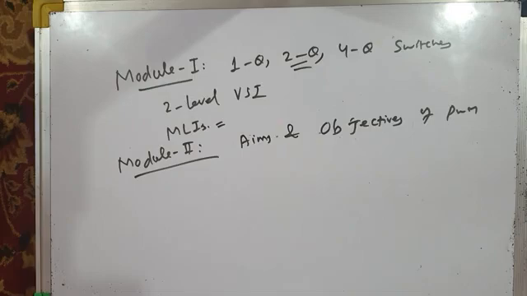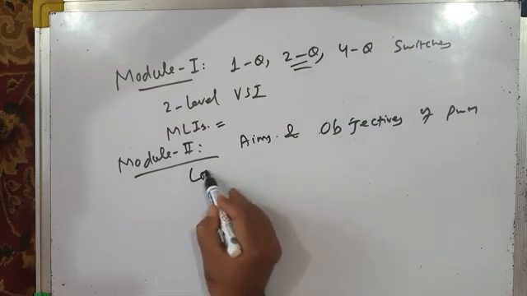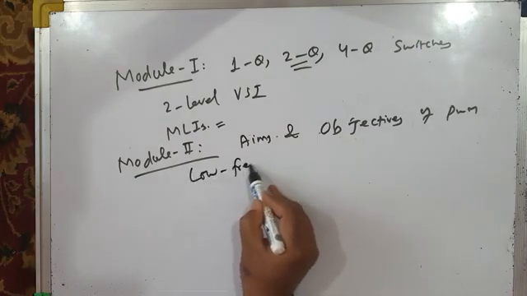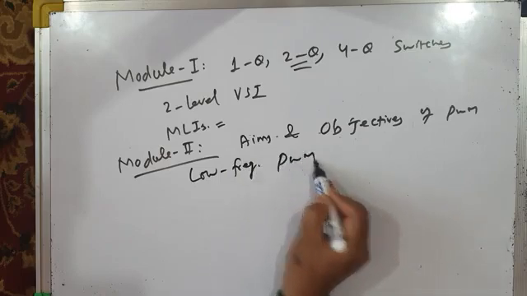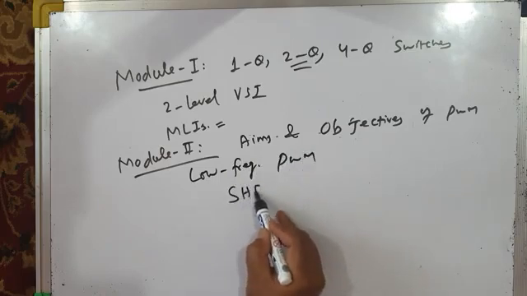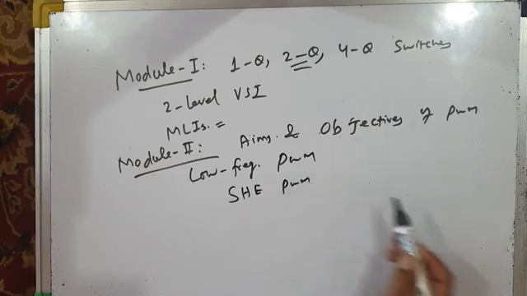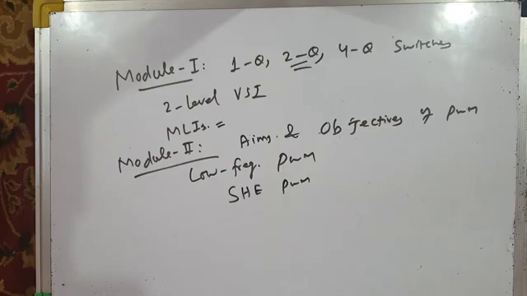Okay, and then we discussed, if you remember, the low switching frequency PWM, low frequency PWM. We discussed selective harmonic elimination PWM techniques, offline optimized PWM techniques, stored waveform PWM techniques.